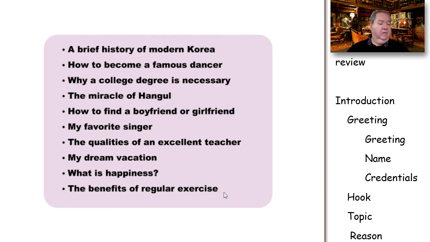A lot of different topics here. For each of these, if you were doing one of these topics, you would want to think about your credentials. What kind of qualifies you, or what skills or expertise do you have that the audience should trust you?